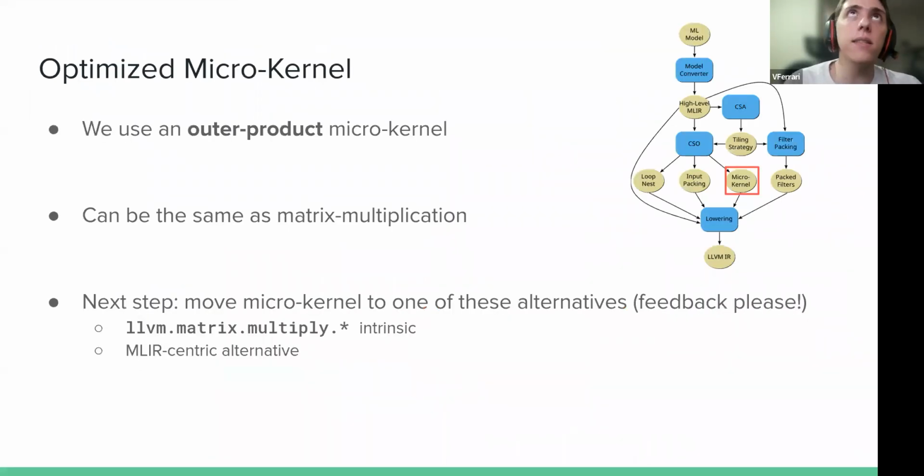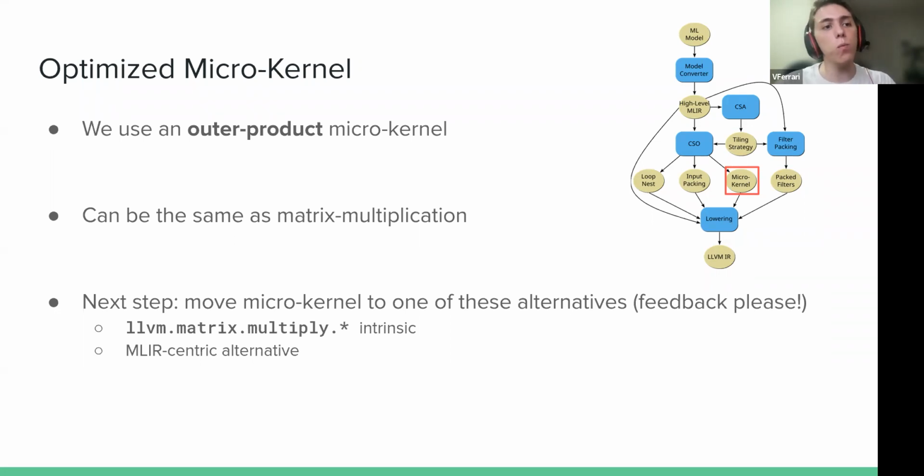In this outer product microkernel, it can be emulated using any architecture that has SIMD computing, or depending on the architecture, we already have outer product operations integrated into the hardware. For example, IBM Power 10 has the MMA engine that uses outer products implemented in the actual CPU as an ISA extension.